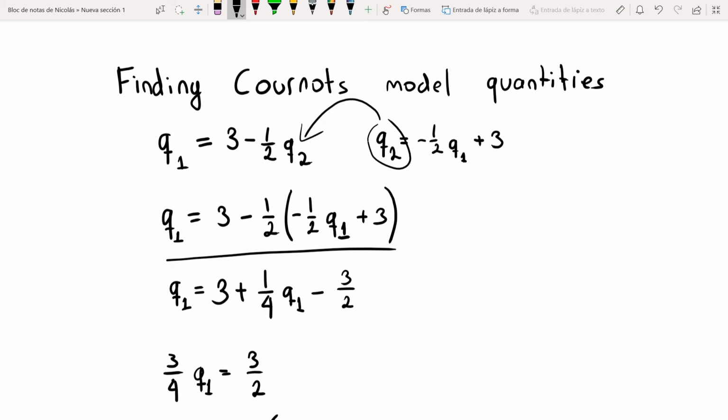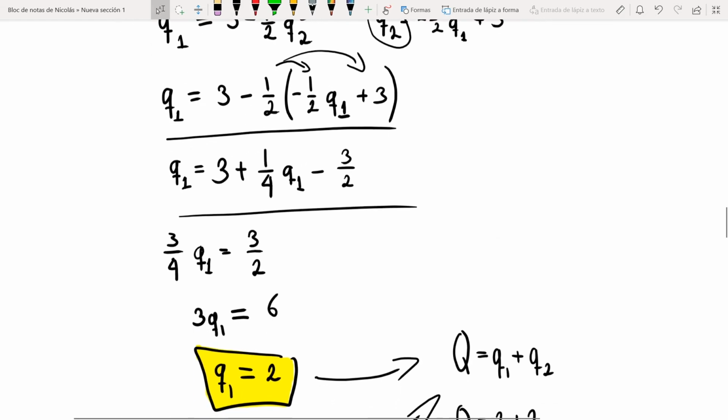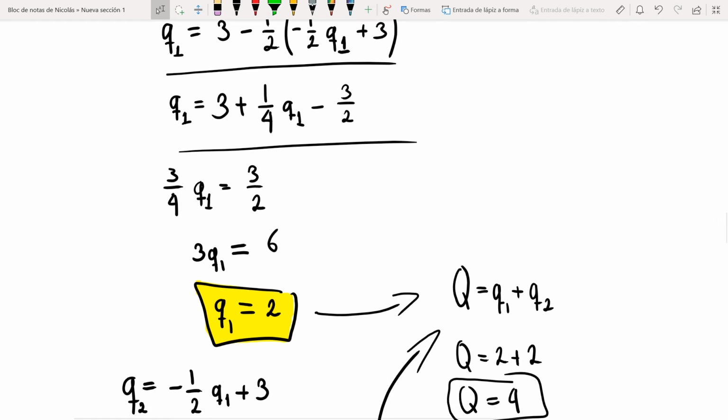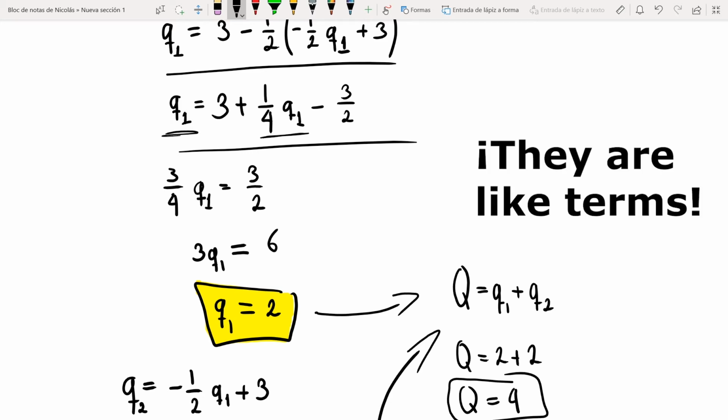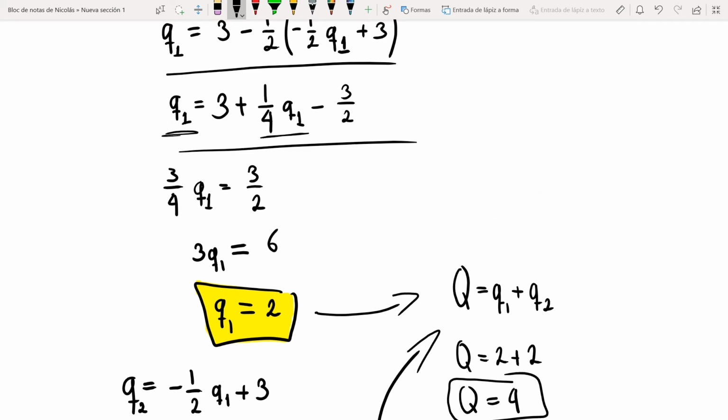In this equation we apply the distributive property again, and we'll end up having that quantity 1 is given by 3 plus 1/4 times q1 minus 3/2. We can subtract this from the other side, and we'll end up having that 3/4 times quantity 1 is equal to 3/2.